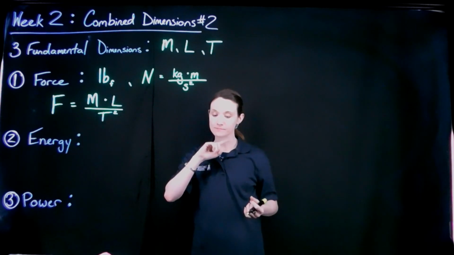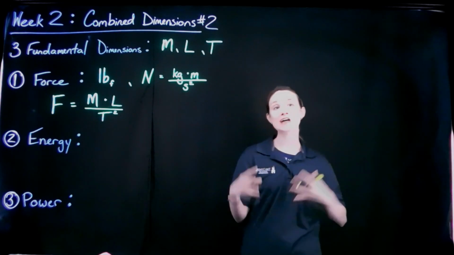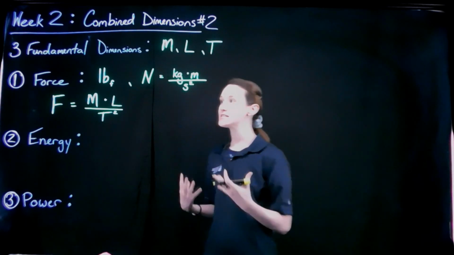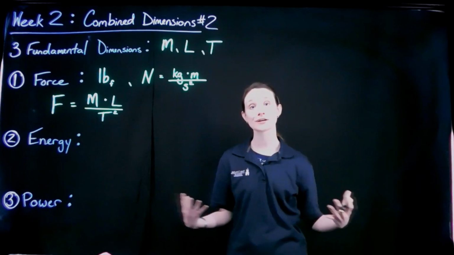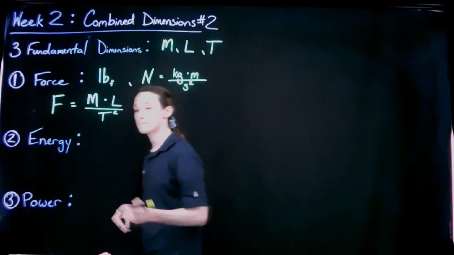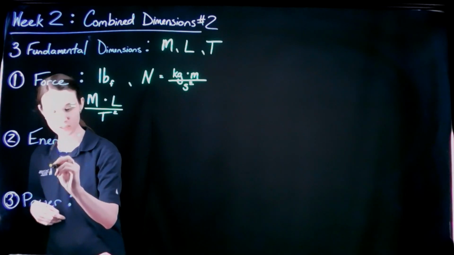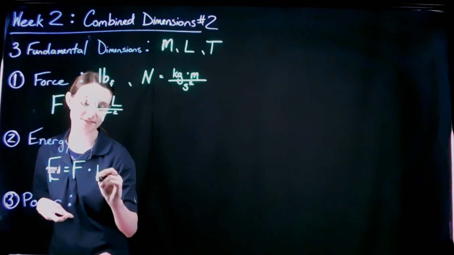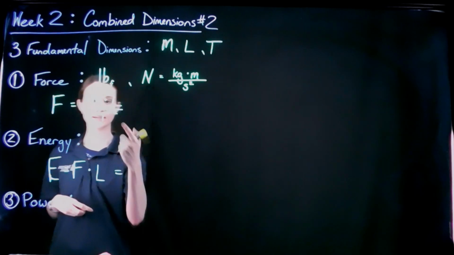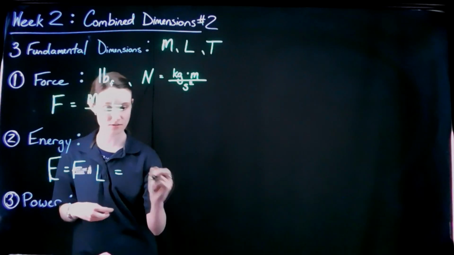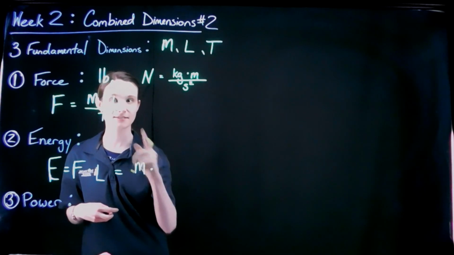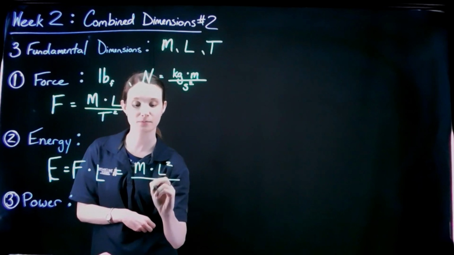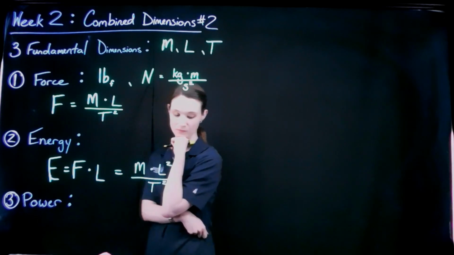Then we have energy. Now energy is also defined as work if we're talking about this in a physics context, because we can say this is force over a distance. So energy, which I'll write as E, is force times a length. I can expand that out since I know what force is: a mass times length squared, divided by time squared.